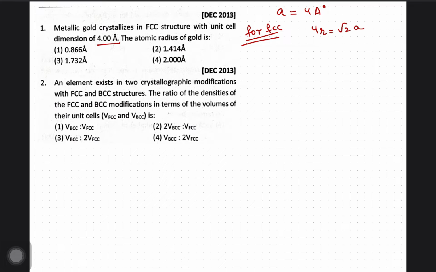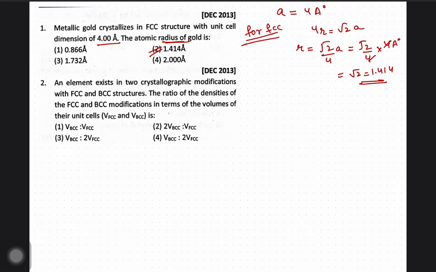They are asking about the atomic radius, so basically we have to find r. So r will be √2/4 a, which is √2/4 into 4 angstrom. Cancel, this is √2, which is 1.414. So the correct answer will be 2. Clear?